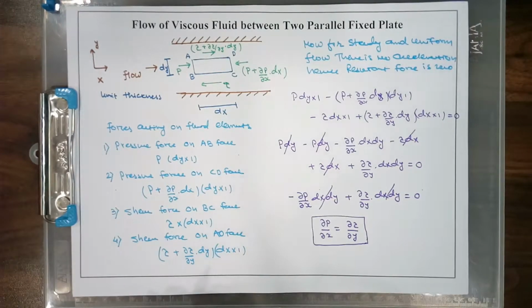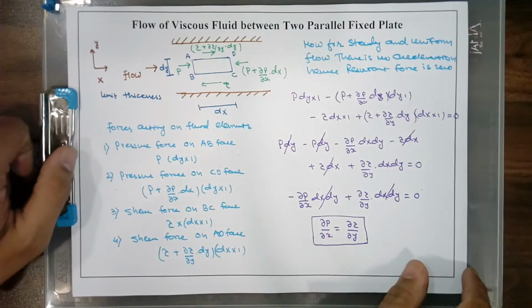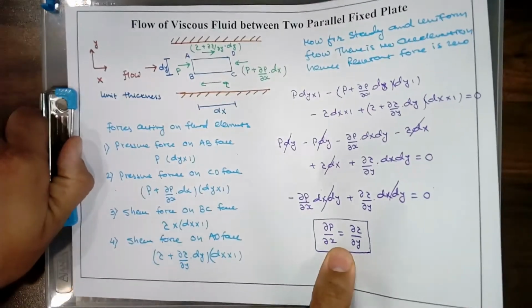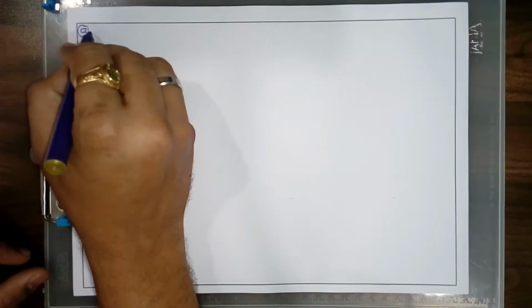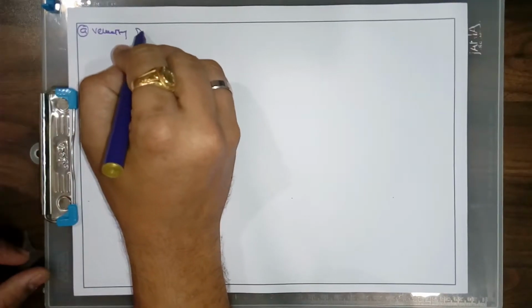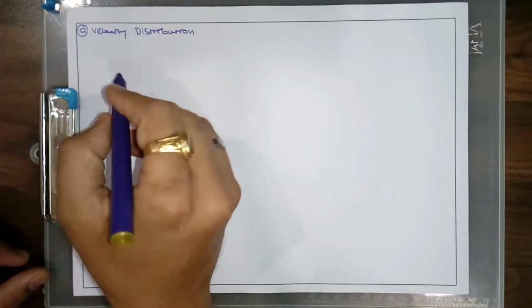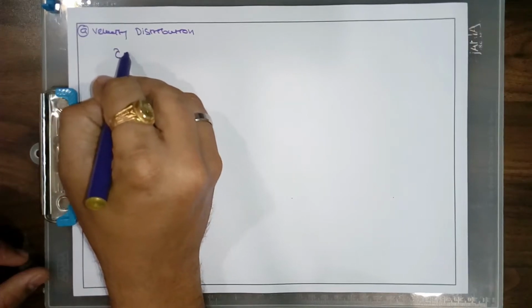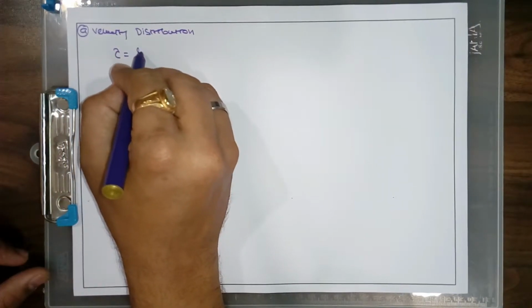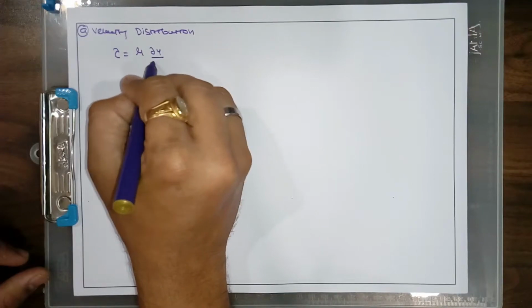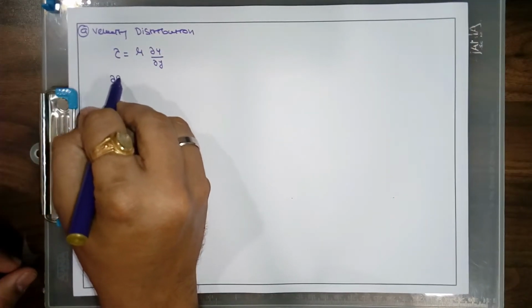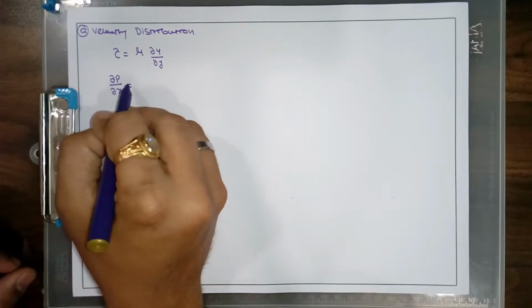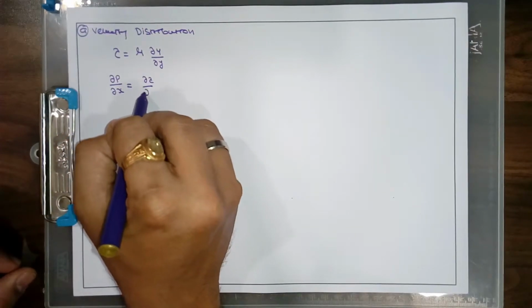Now from this expression we are going to discuss the velocity distribution in this case. So first we write the expression of Newton's law of viscosity, that is tau equals mu del u by del y. We also have the expression del P by del x equals del tau by del y.